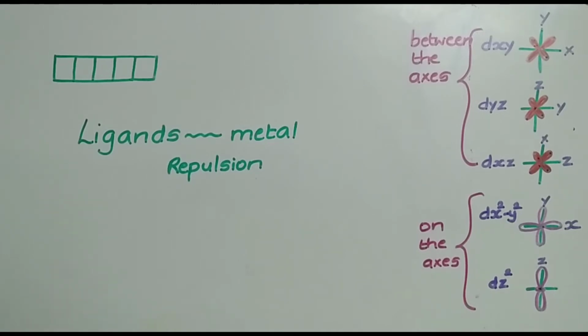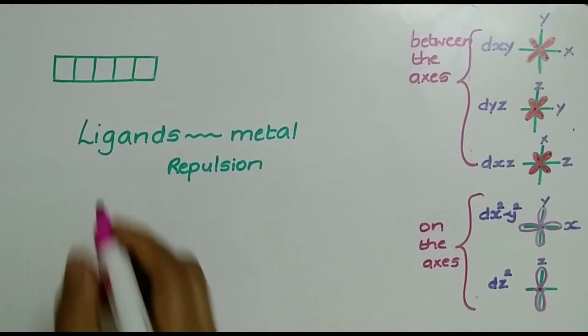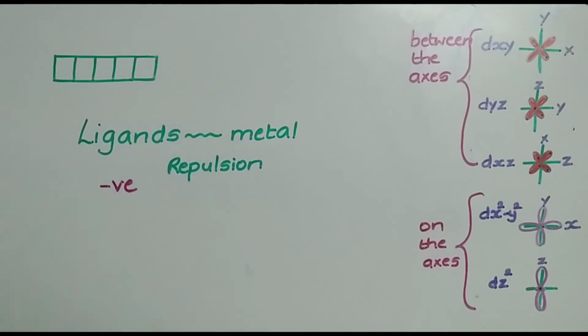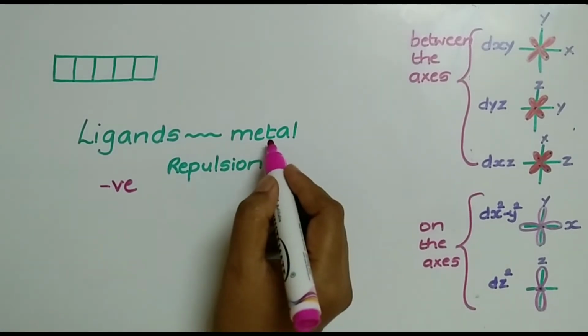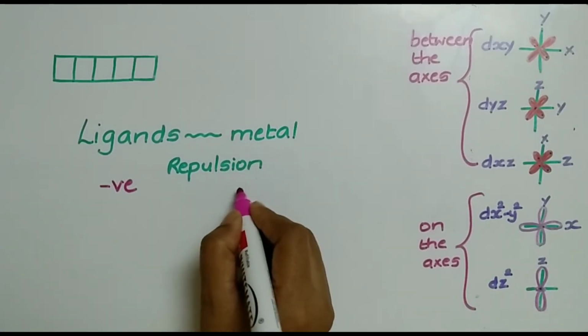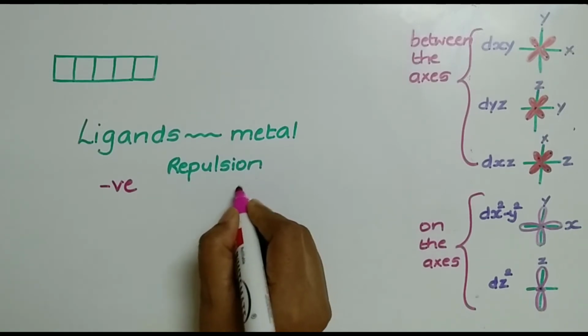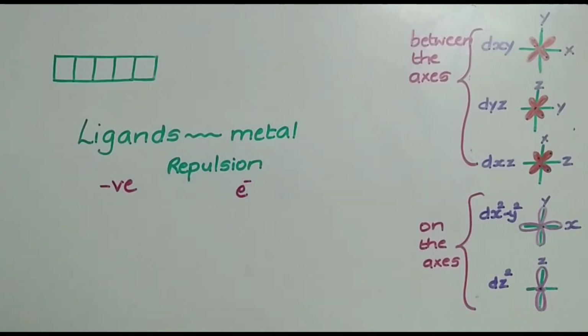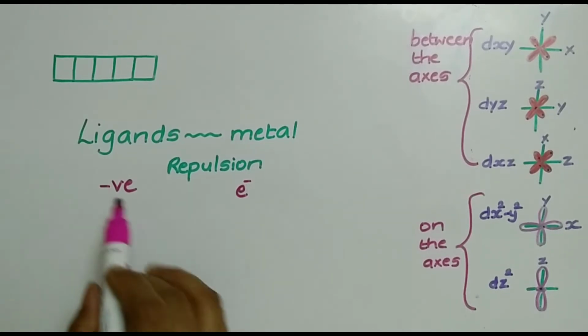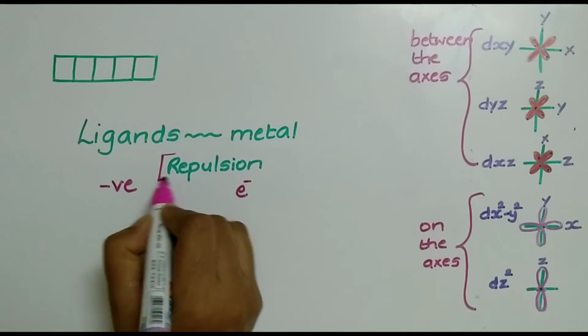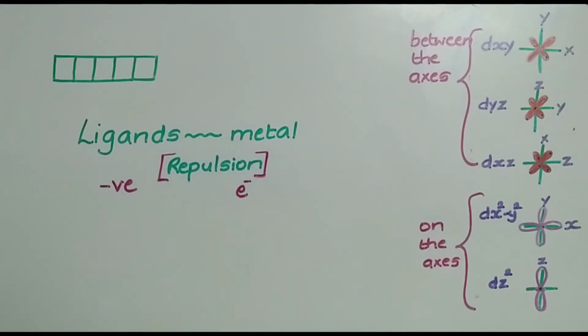Because we know that the ligands are negatively charged, right? And the metal has a d orbital which has electrons. So, negative and negative, what will happen? Repulsion will take place, right.